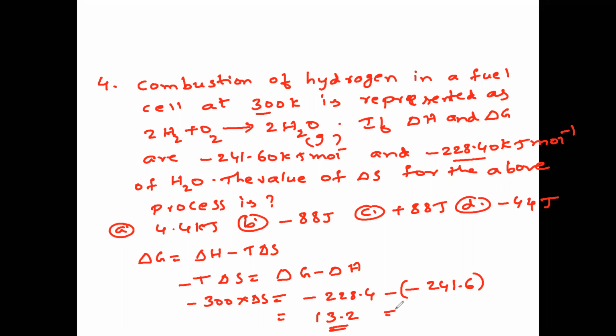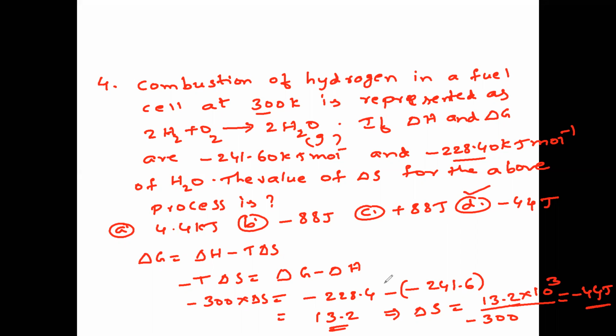So ΔS is equal to 13.2 divided by minus 300. And this is in kilojoules, so multiply with 10^3. So 13.2 × 10^3 is how much? It is 13,200. So now 13,200 divided by 300 is equal to 44 with the minus sign. Minus 44 joules is the answer.